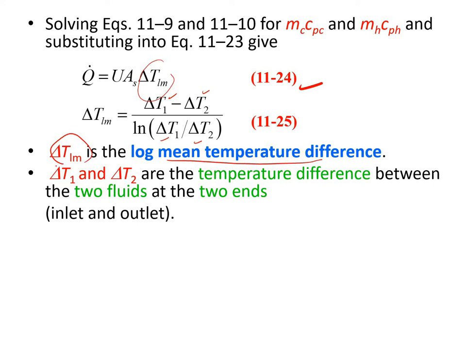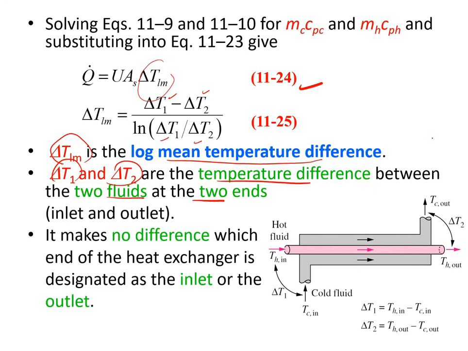Delta T1 and delta T2 are the temperature differences between the two fluids at the two ends, like what I showed in the previous slides in the figure of the double pipe heat exchanger. If you change the inlet or outlet end, actually there is no difference in the temperature difference.